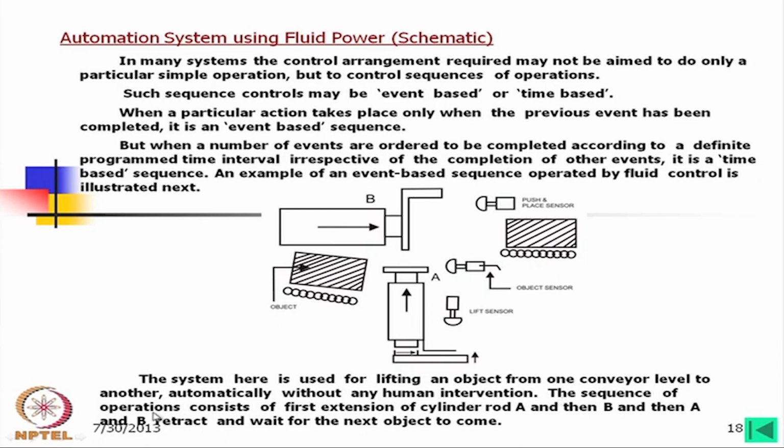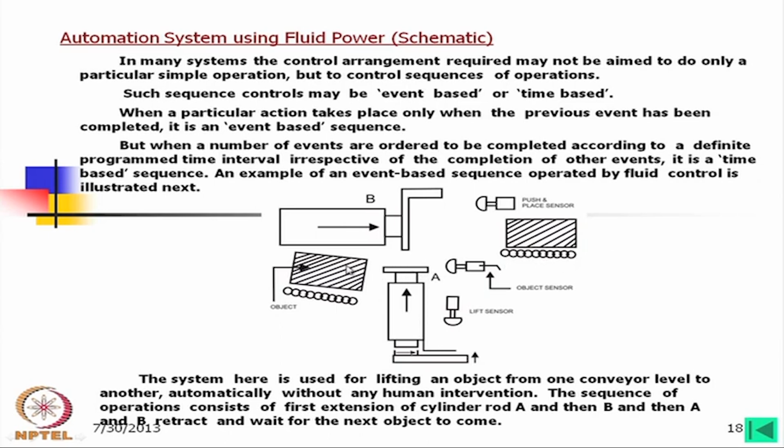The sequence of operation consists of first extension of cylinder A rod and then B, and then A and B retract and wait for the next object to come. Say an object is coming in, then with this cylinder it is lifted to this conveyor.